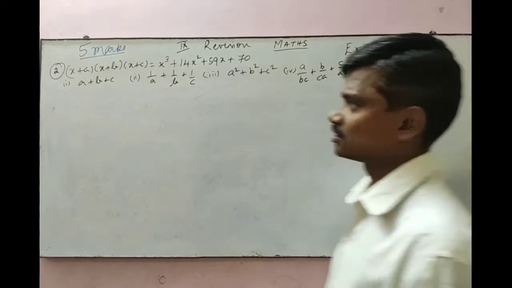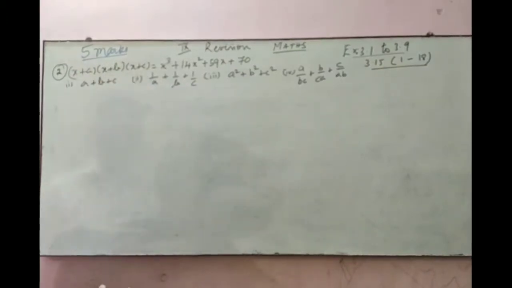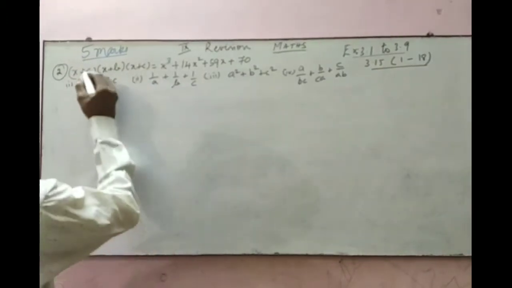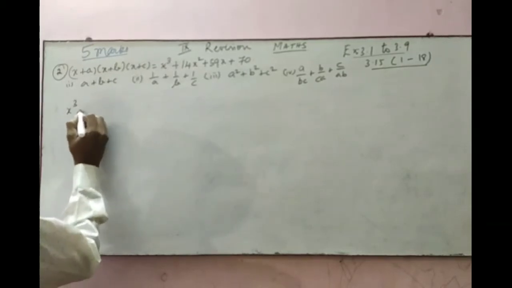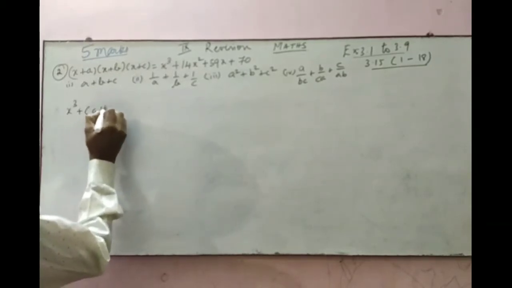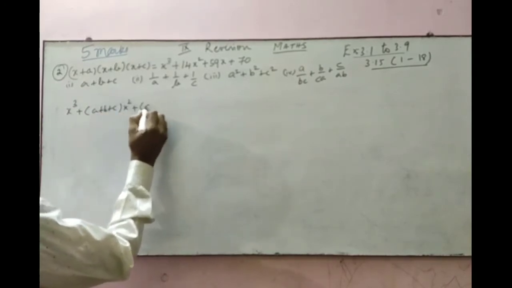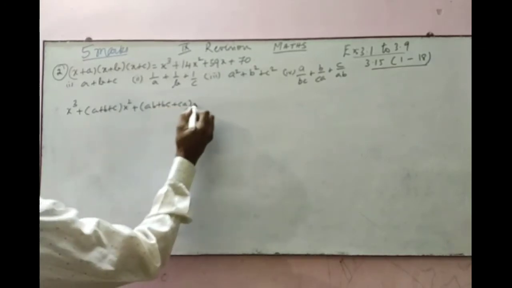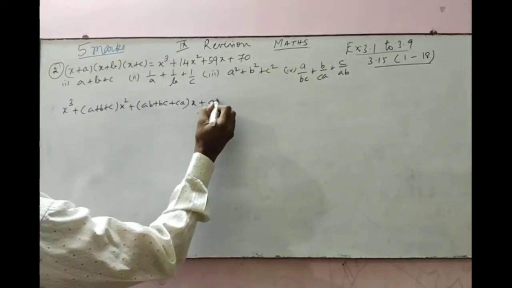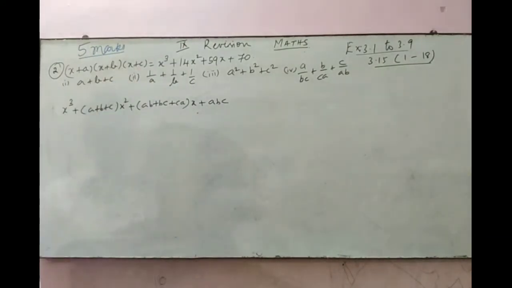First we have to find the expansion of x plus a into x plus b into x plus c. This is an identity whose expansion is x cube plus a plus b plus c into x square plus ab plus bc plus ca into x plus abc.